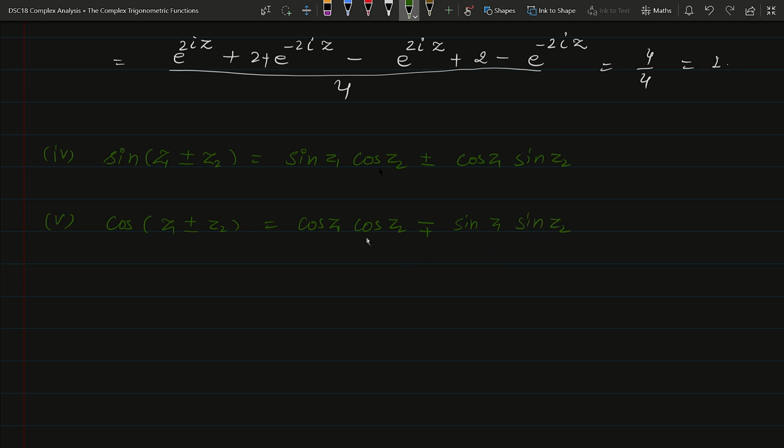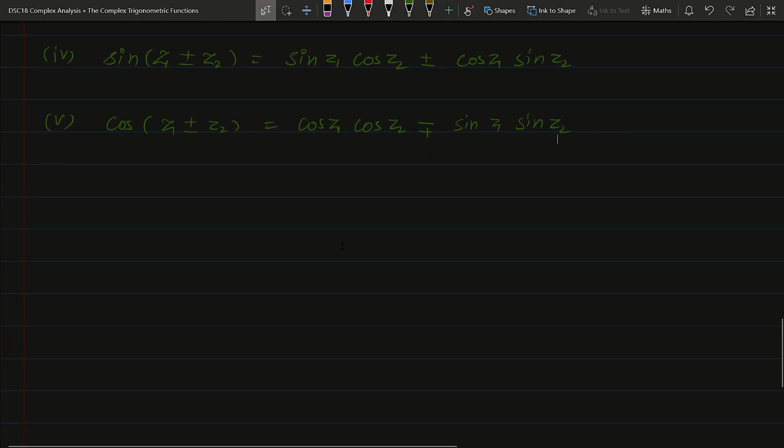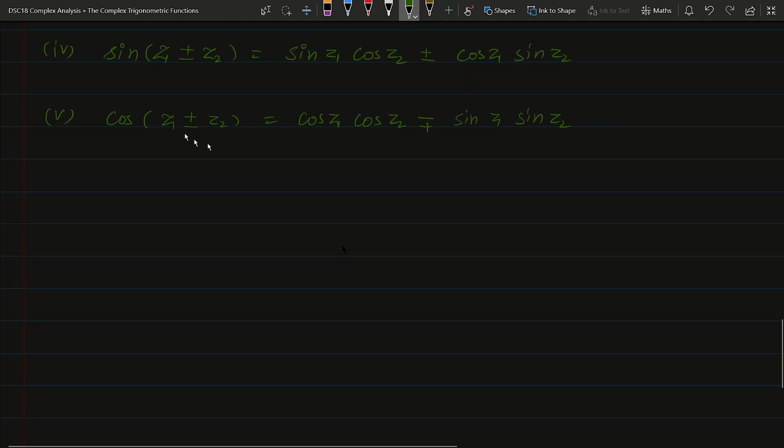So these are some identities which are true in complex analysis also. Likewise, if you take the double of the argument, that is, if you want to identify sine 2z, then that is also equals to 2 sine z cos z.